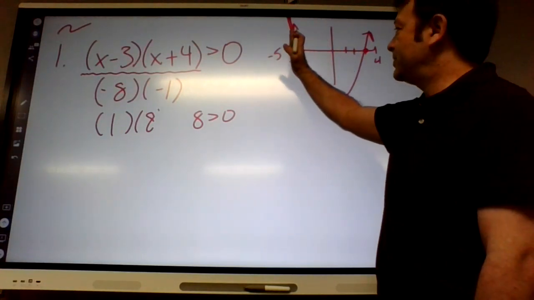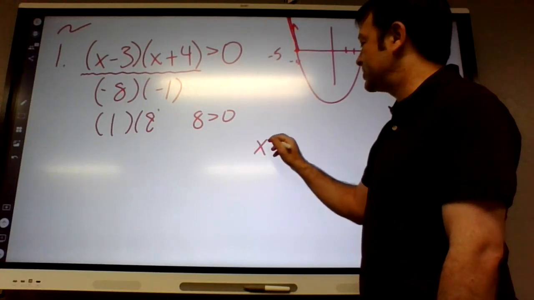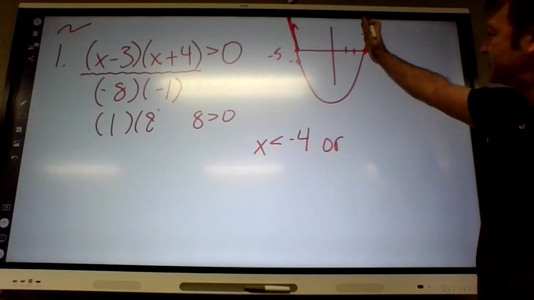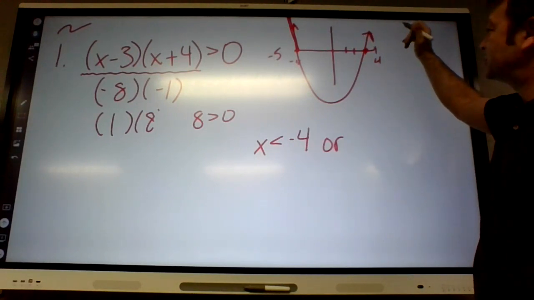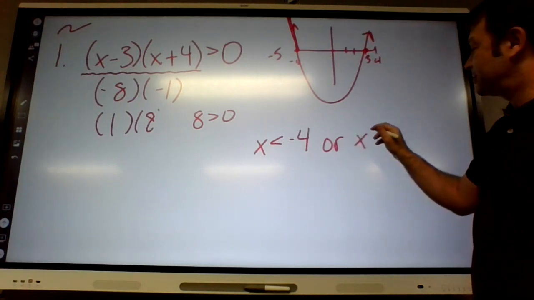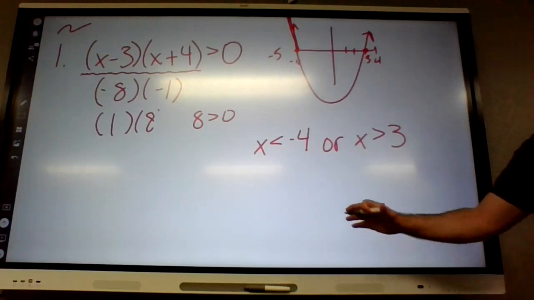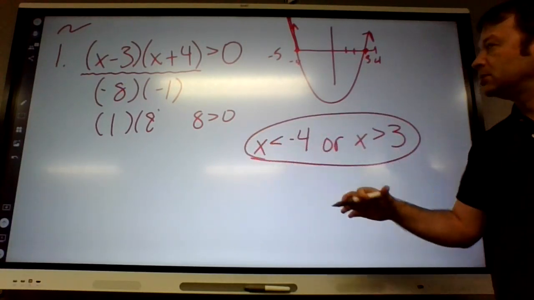Well, all the x values that are past -4, so x is less than -4, or all the x values that are past, oh wait, I got one of these wrong, yeah, it's a 3. All the x values that are past 3, so x is greater than 3. And that would be the solution.